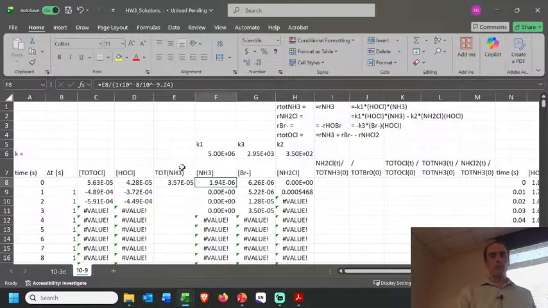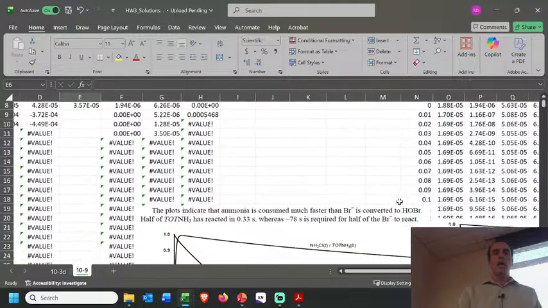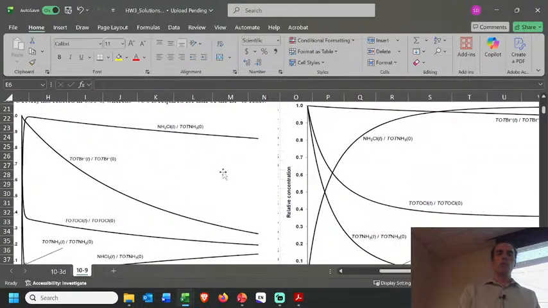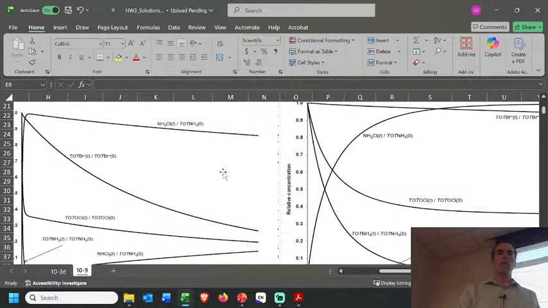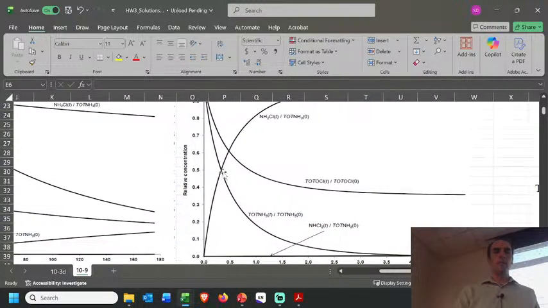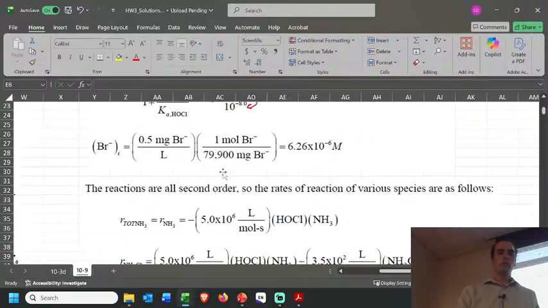So I'm in the process of rebuilding that to get it appropriately. What it should look like, if you were to do it and plot all these, is it should look like these, where we have the change in each species or the growth in each species based on all of that.